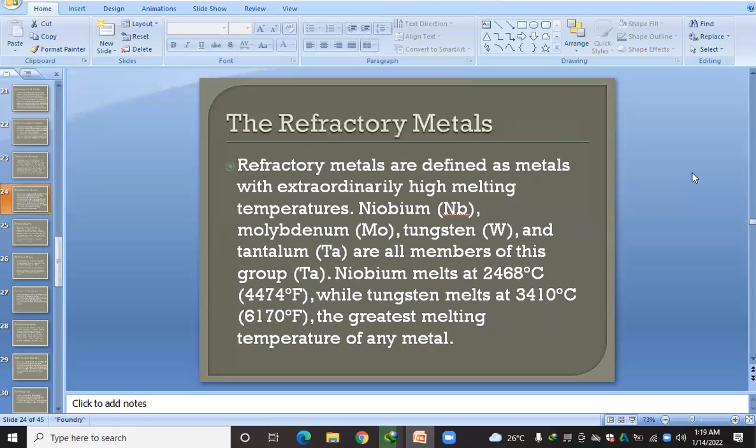Niobium melts at 2,468 degrees Celsius or 4,474 degrees Fahrenheit, while tungsten melts at 3,410 degrees Celsius or 6,170 Fahrenheit, the greatest melting temperature of any metal.